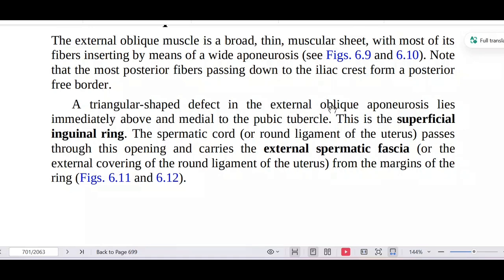The spermatic cord in males, or the round ligament of the uterus in females, passes through this opening, the superficial inguinal ring. While passing through it, it carries and extends fibers of the external oblique, forming the external spermatic fascia that surrounds the spermatic cord or the round ligament of the uterus.